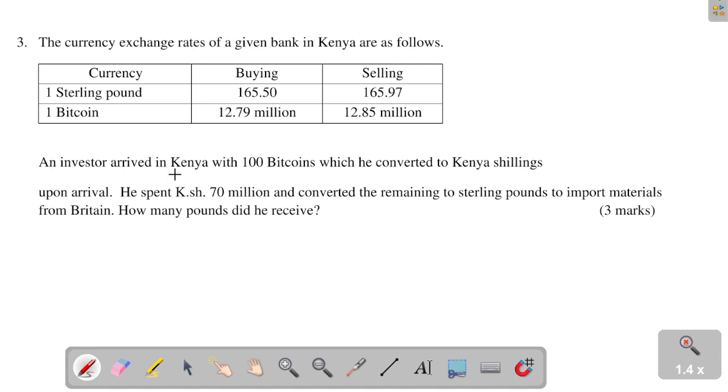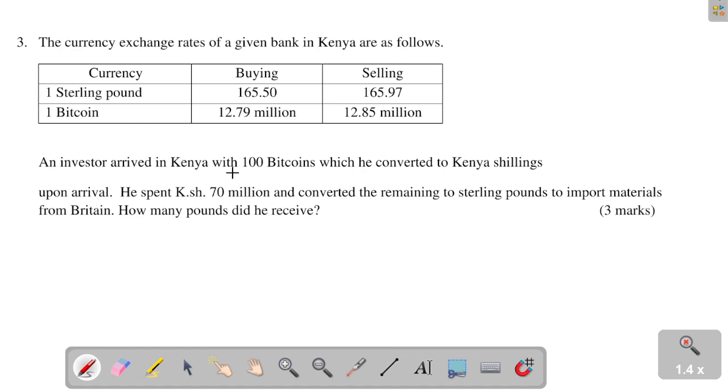An investor arrived in Kenya with 100 Bitcoins, which he converted to Kenyan shillings upon arrival in Kenya. He spent 70 million and converted the remaining to sterling pounds to import materials from Britain. How many pounds did he receive?